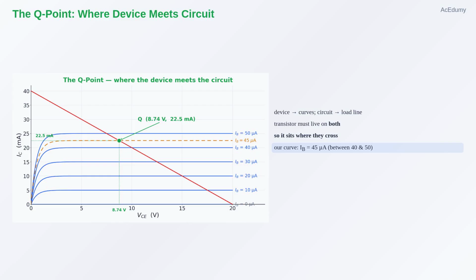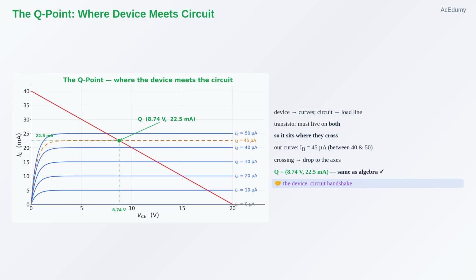You land at 8.74 volts and 22.5 milliamps, the very same numbers the algebra gave us. That crossing point has a name, the Q point, the quiescent operating point. It is the handshake between the device and the circuit, the single state where the transistor obeys its own physics and the circuit's voltage law at the same time.